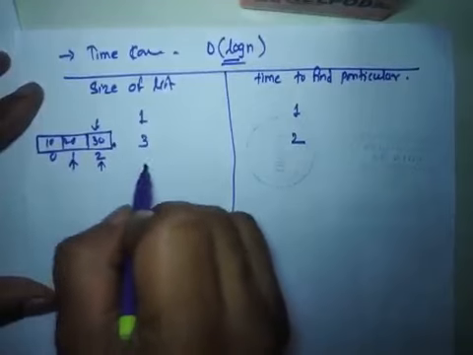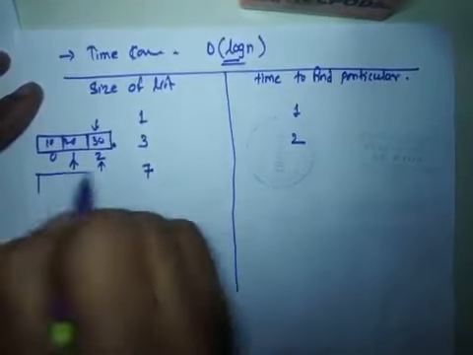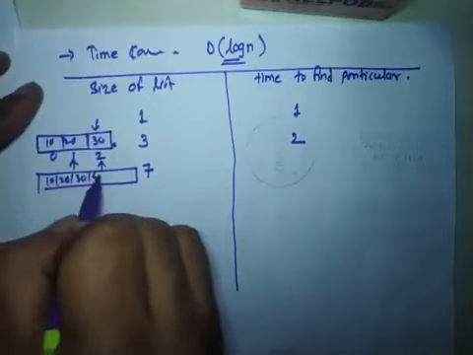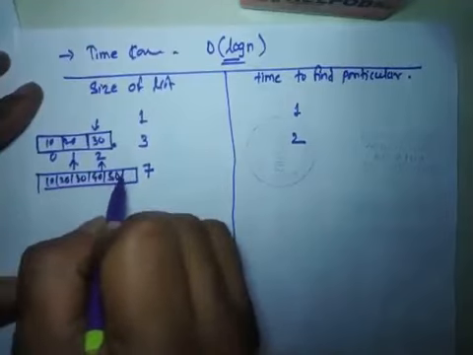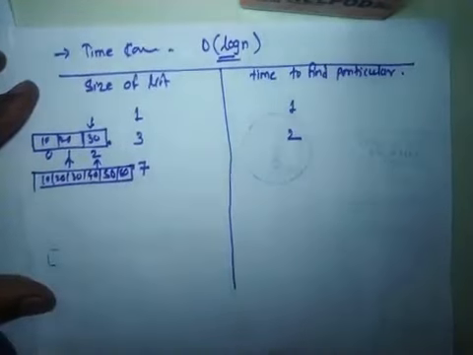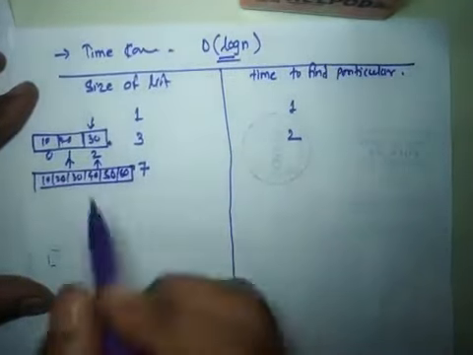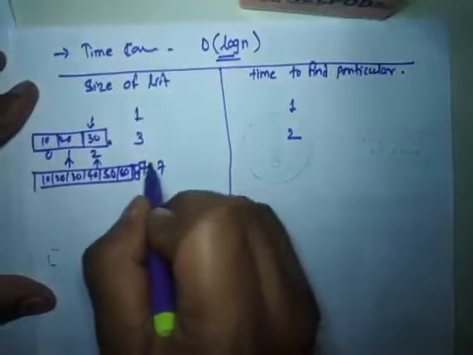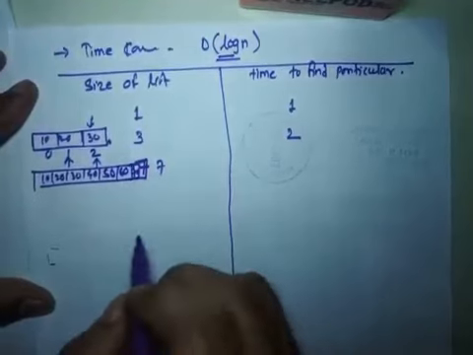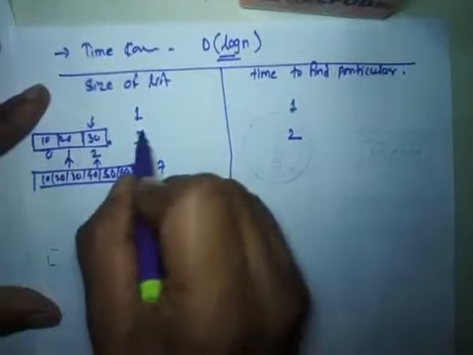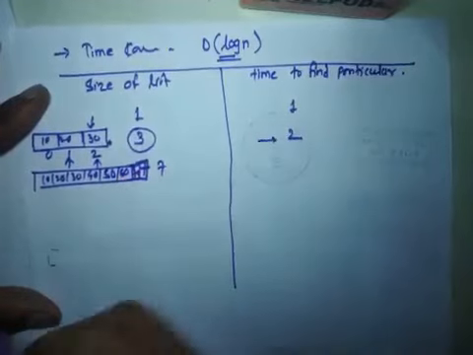Now suppose in our array we have 7 elements: 10, 20, 30, 40, 50, 60 and 70. So how many iterations will it take? Just observe here, with 3 elements it took 2 iterations only.